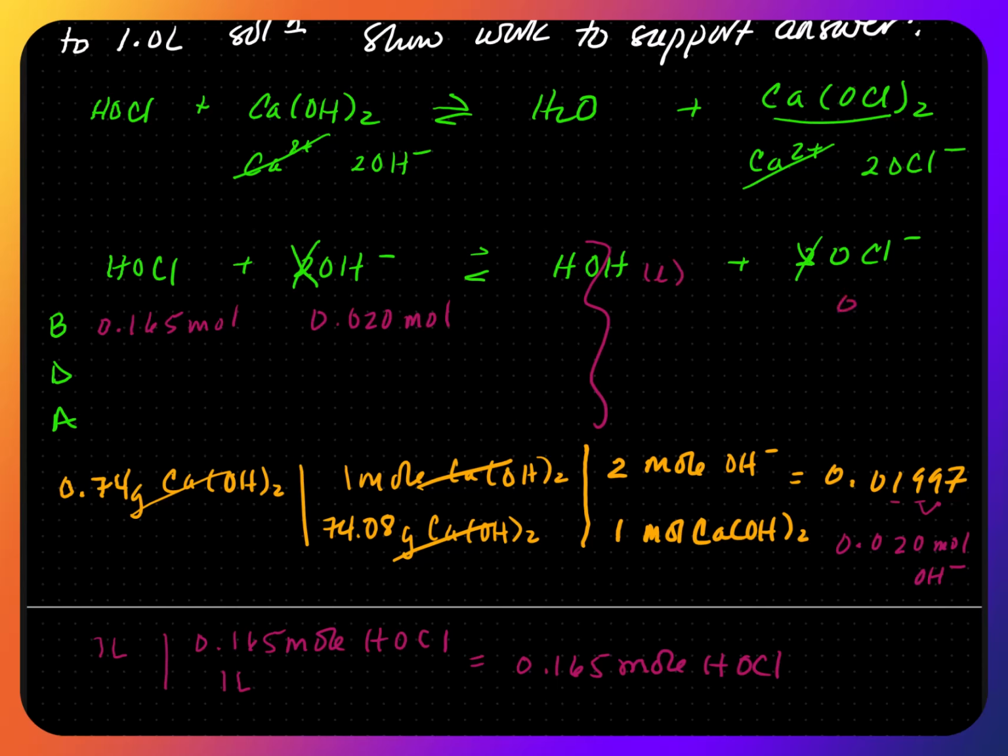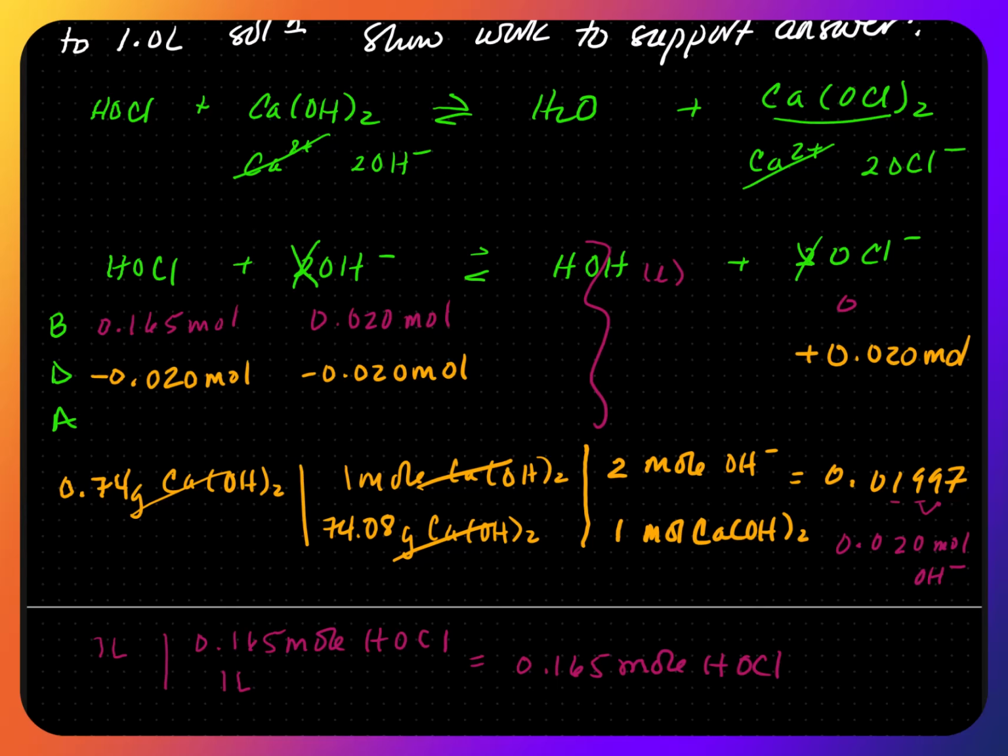Since we are neutralizing, for every mole of acid, there is a mole of base, and they cancel each other out by neutralizing each other. So if I look at this table, my limiting reactant is OH minus, because I have only 0.02 moles versus the acid I have 0.165. So I need to subtract by my limit on my reactant side and add on my product side.